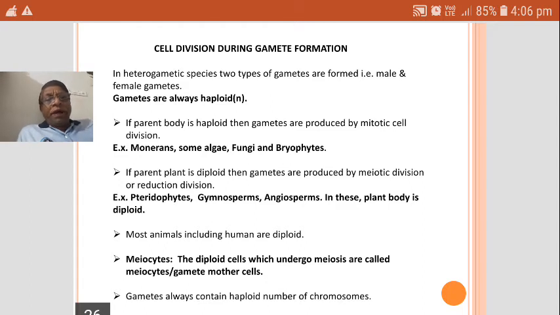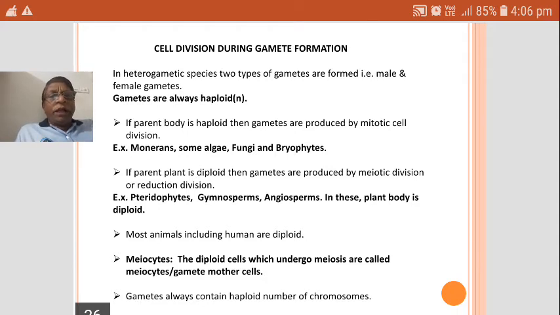If the parent plant body is haploid, then gametes are produced by mitotic cell division. A very important point for NEET examination. So listen carefully.